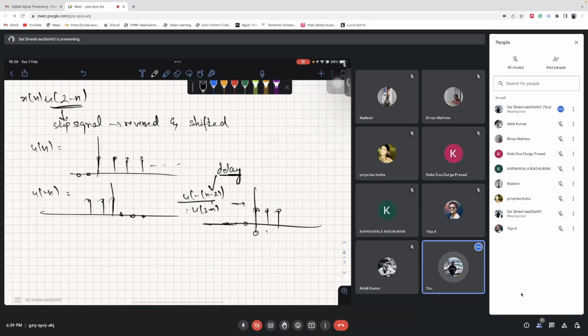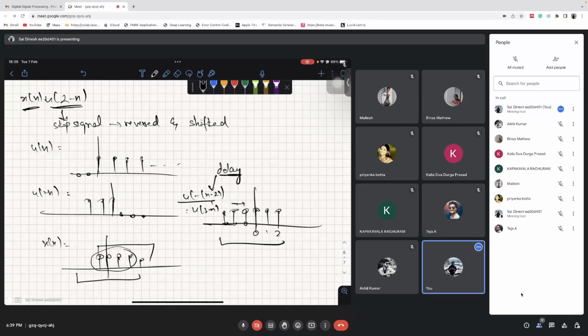Correct, 0 1 2. So this is the signal that you have. But then x of n here is, but the overlap region of this signal with this signal is only these 4 components here.